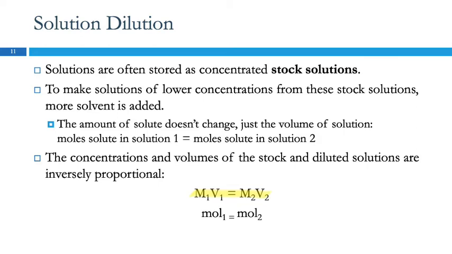So if we think about this, that capital M1 is molarity, so that's moles per liter. And multiplying by the volume in liters gives us the moles of the solute, right? And over here, the molarity is different and the volume is different, but it's going to give us the same number of moles. So M1V1 equals M2V2.